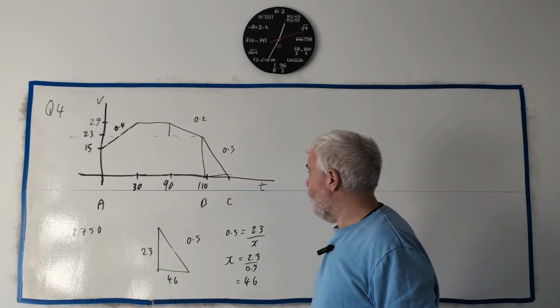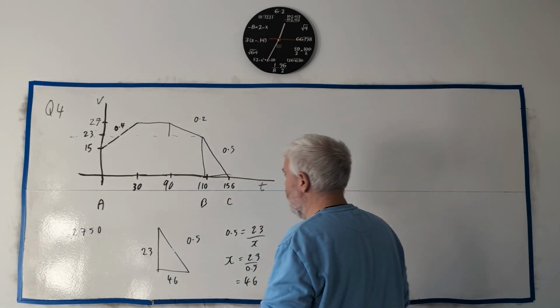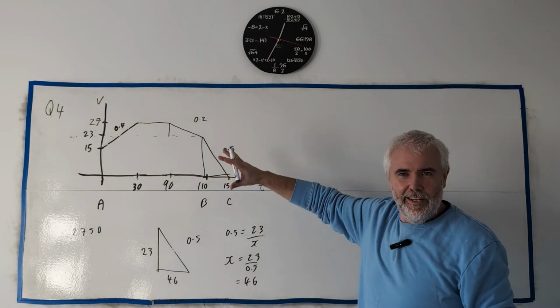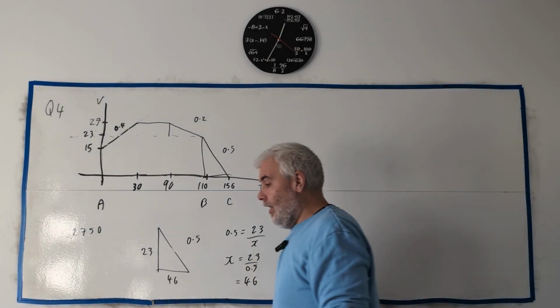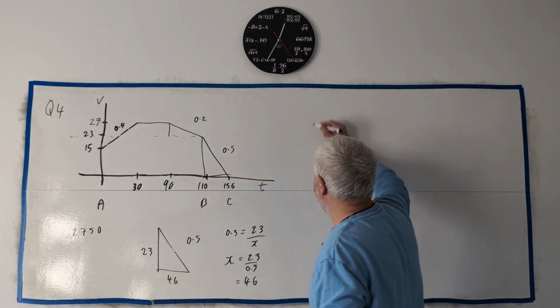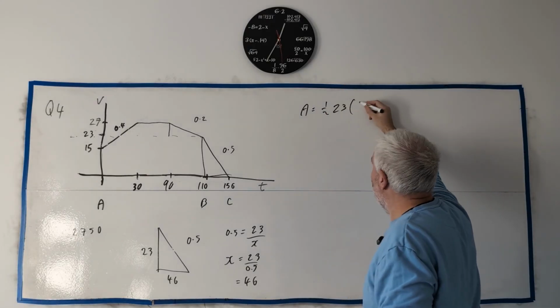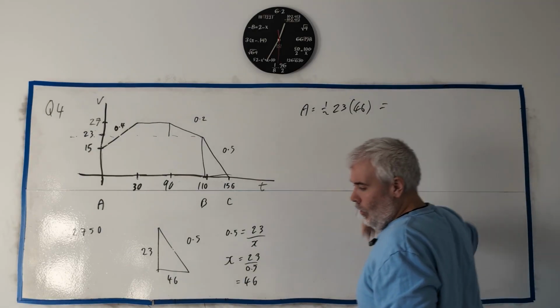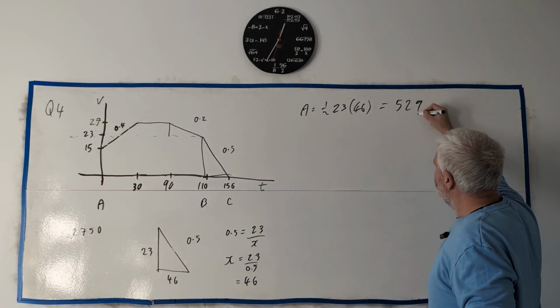This time here is 46. This time down here is 156. You don't need this, by the way. I just like to complete the drawing. We do need this here. Like I said, we're looking for this area. This area here is equal to half times 23 times 46, which comes out at 529.